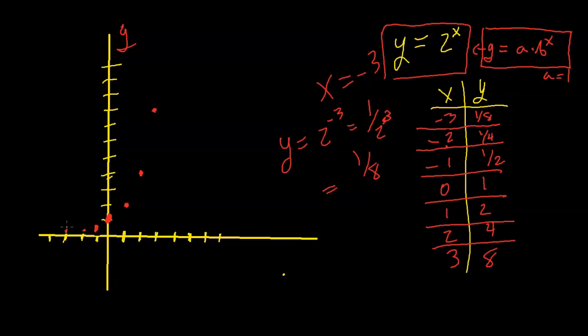Okay, so let's look at this graph now. We can see that it intersects the y-axis at 1, right? And then we can just try to connect this in a smooth curve, right? And what happens as we go beyond x equals 3? What if we went to x equals 4, x equals 5?